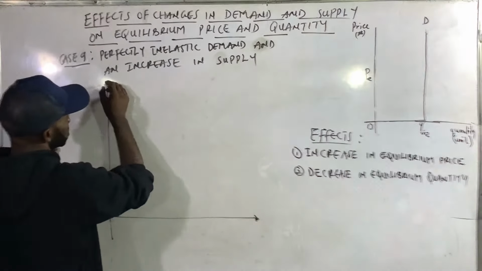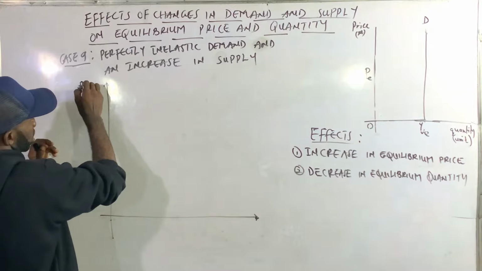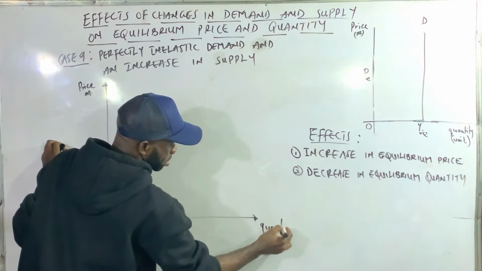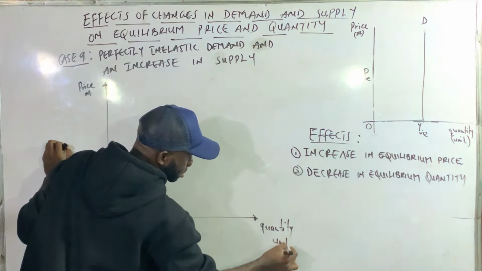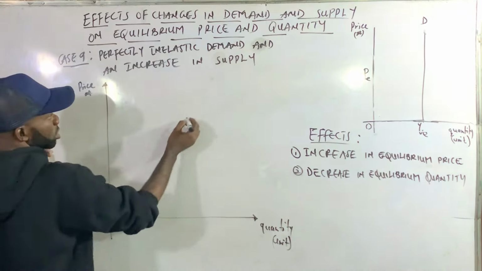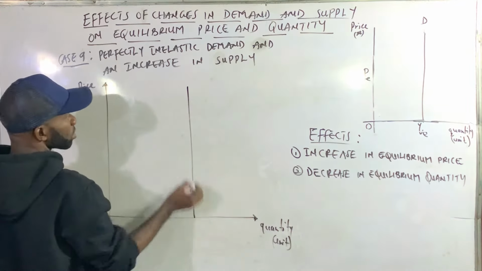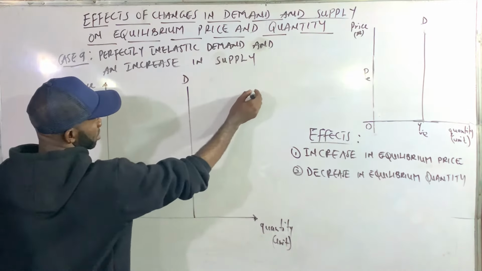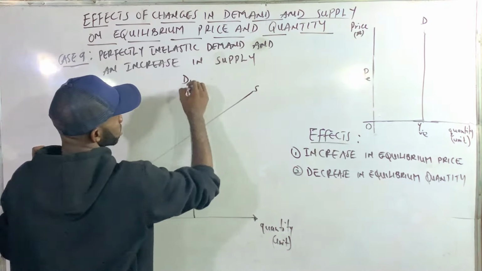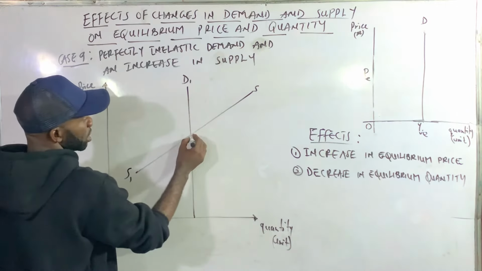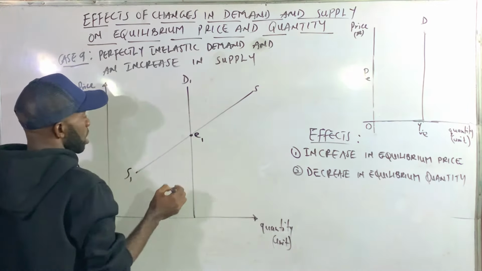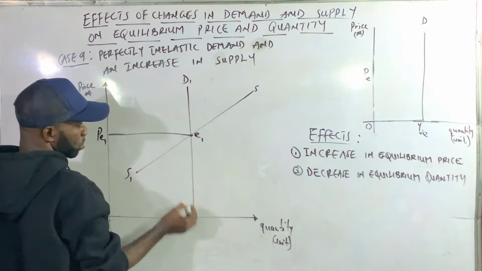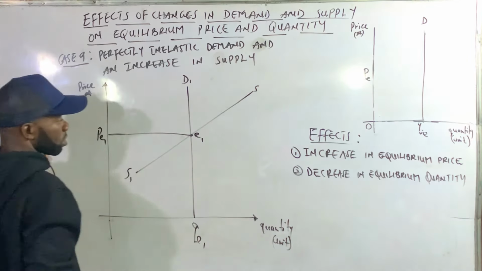That's our origin. And then we'll obey the instruction. Price in Naira is necessary, and quantity is always in units. So we have a demand curve showing perfectly inelastic demand. This is our supply curve, S1, D1, S1. This point is our first equilibrium point. This is equilibrium price 1, and this is equilibrium quantity 1.